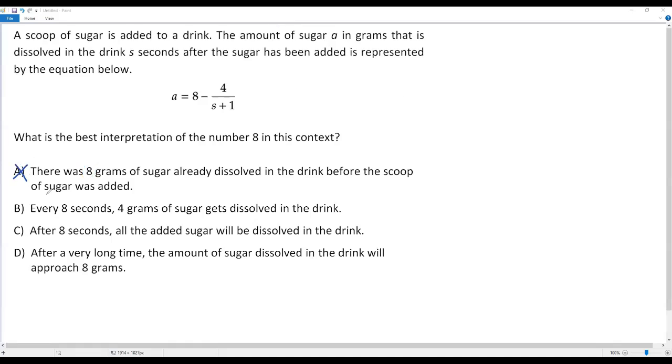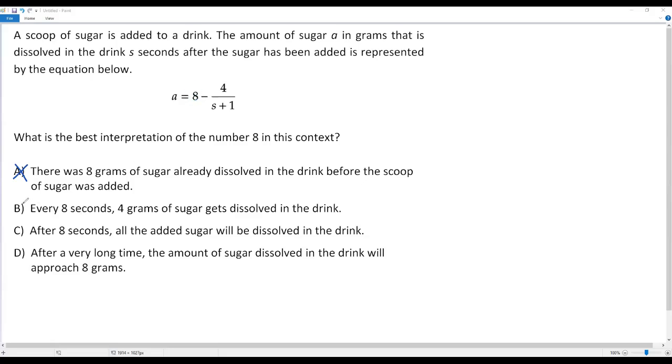We can go to answer choice B. Every 8 seconds, 4 grams of sugar gets dissolved in the drink. Clearly, the 8 is a number connected to the amount of sugar in grams. Something is subtracted from this 8, so that the amount of sugar is decreased.